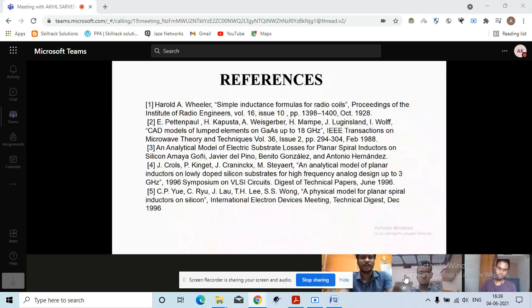The previously used traditional formulas are only limited up to 400 millimeter square area of the spiral inductor. Here we consider the 900 millimeter square area, and we found this formula. For this inductor, we would not be able to calculate the CSI using the previously used formulas.